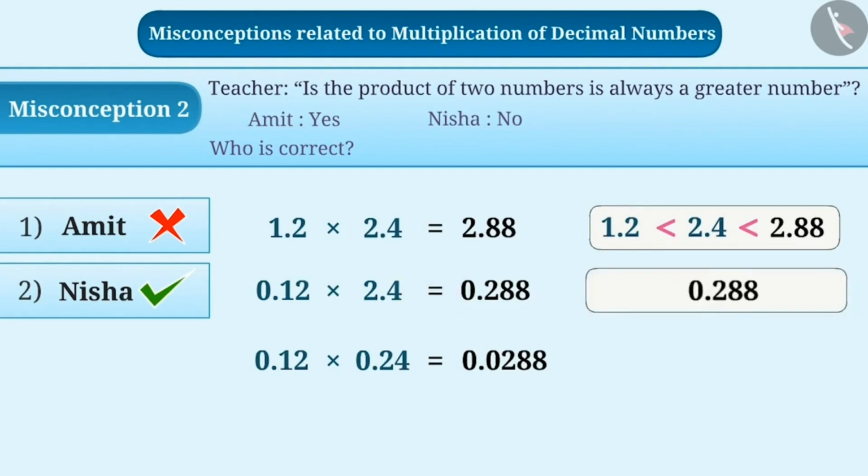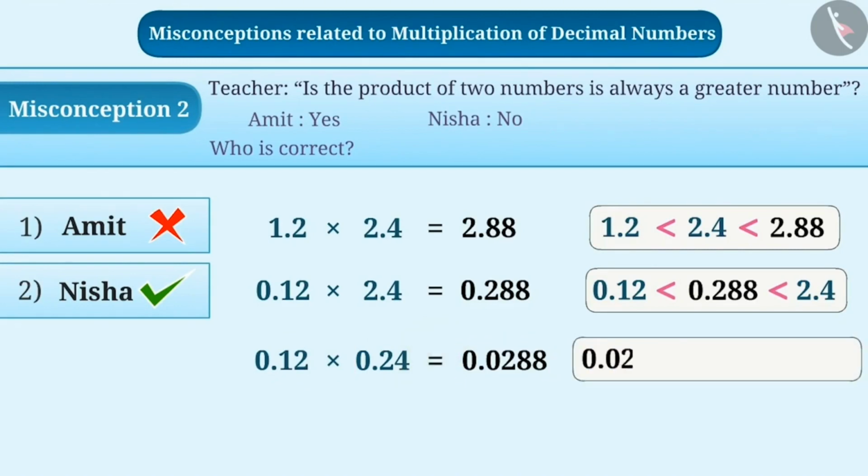Here, 0.288 is greater than 0.12 but smaller than 2.4. 0.12 multiplied by 0.24 is equal to 0.0288. Here, 0.0288 is smaller than both numbers.